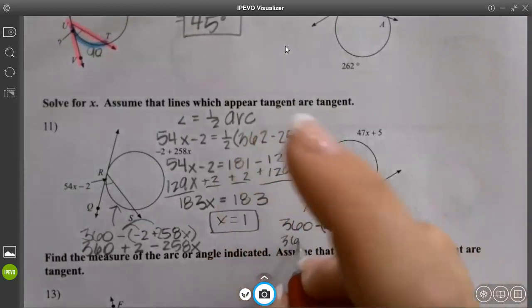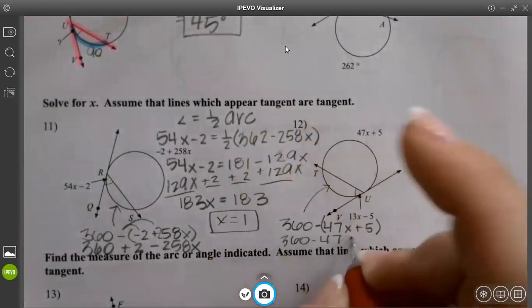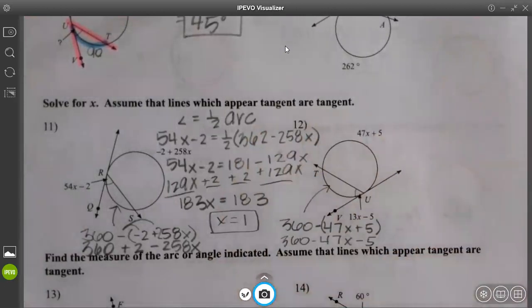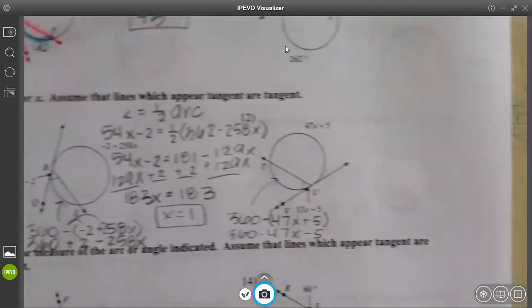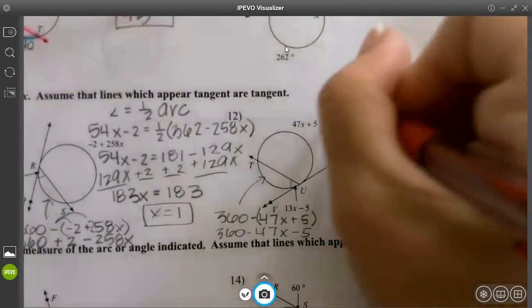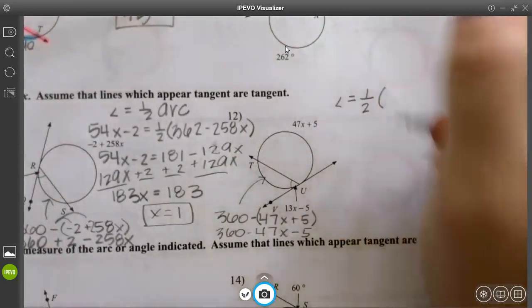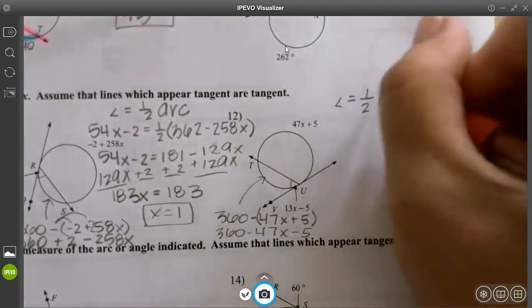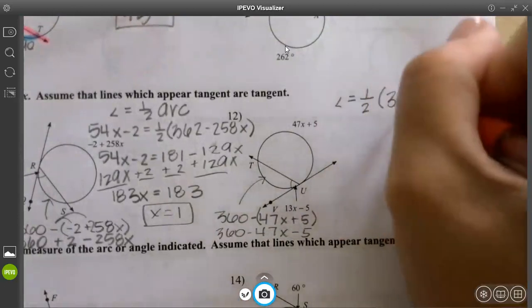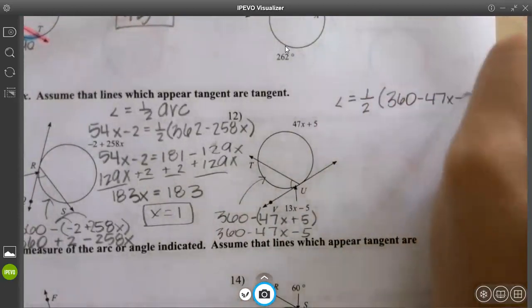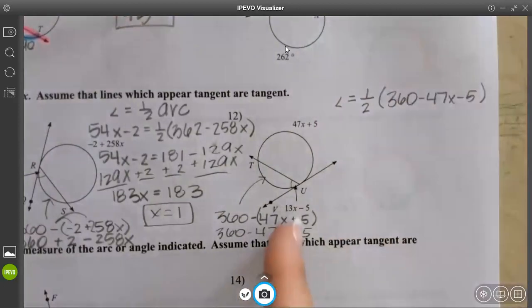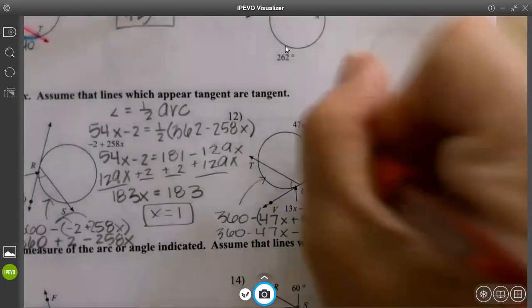That'll give us 360 minus 47x minus 5. So then over here, the angle equals half of the arc. 360 minus 47x minus 5. And your angle is the 13x minus 5.